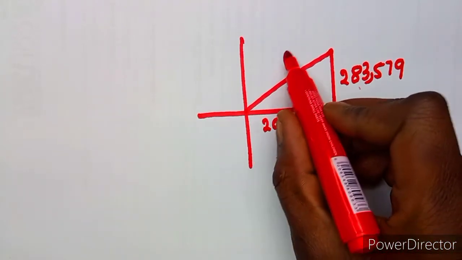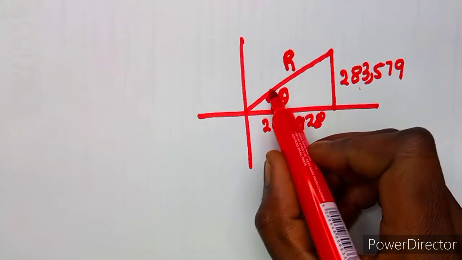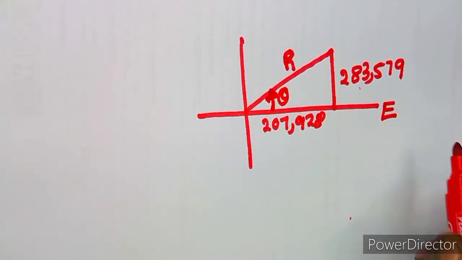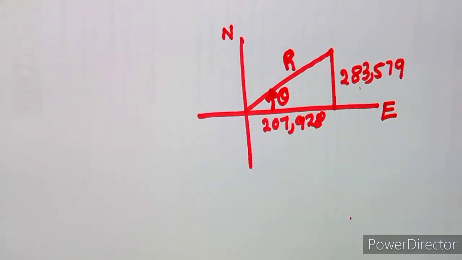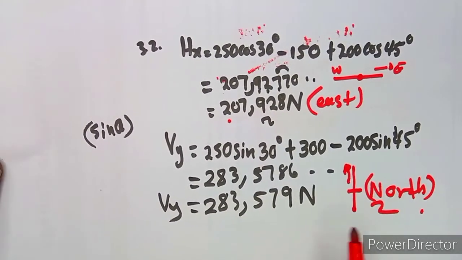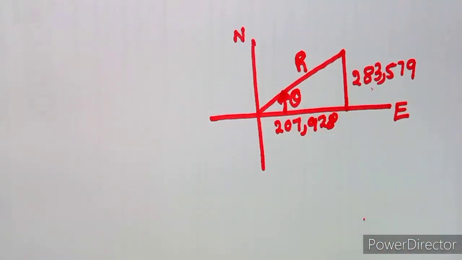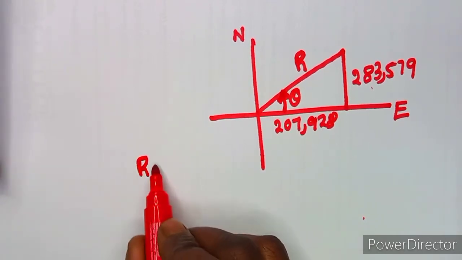So you have to find this resultant and this direction, which is theta, between east and north. So yes, the formulas are important to know, but it is also important to represent them on a diagram, just to show that you know what you are talking about.